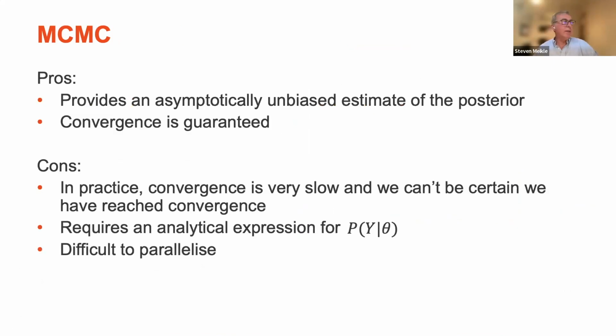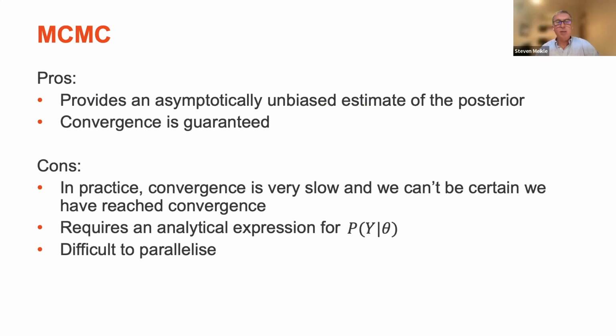So MCMC has a couple of important advantages. Firstly, it provides an asymptotically unbiased estimate of the posterior, and convergence is guaranteed. If you iterate for long enough, it will converge to that estimate. The drawbacks of this method are that in practice, convergence is actually very slow to achieve.